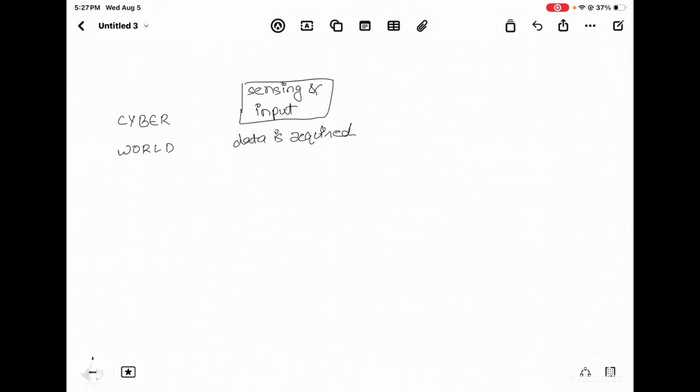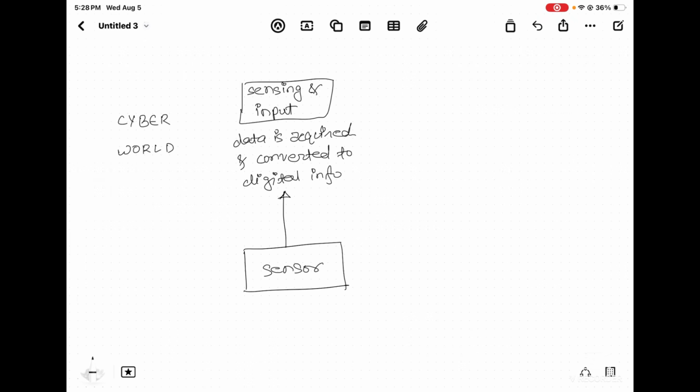We acquire the vision image data and it is converted to digital information. This is done by the sensor. The sensor gives this information, which comes under the physical world.